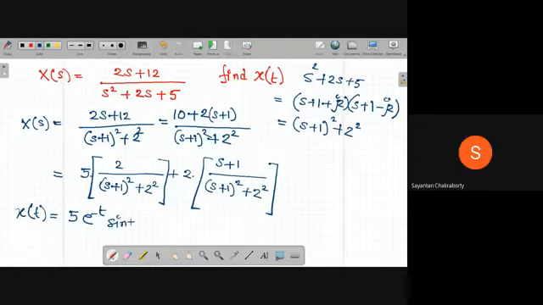So is this simpler, or is that particular K1 K2 method simpler in this case? It's up to you.